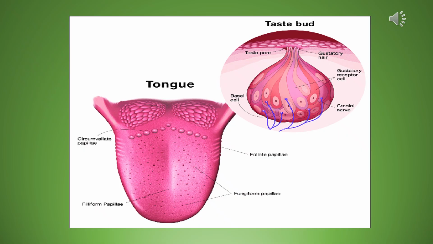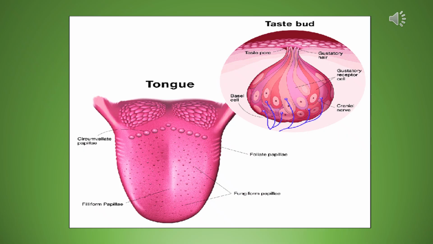So we have mitotically active basal cells there at the base of the taste bud to replace the taste cells that are routinely lost.